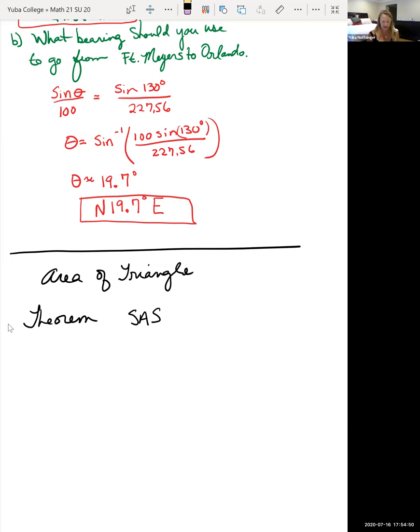But for area, if you have SAS, then the area, and I don't know why they're using K, very K for area, they say K is equal to, sorry, theorem SAS for the area of a triangle.